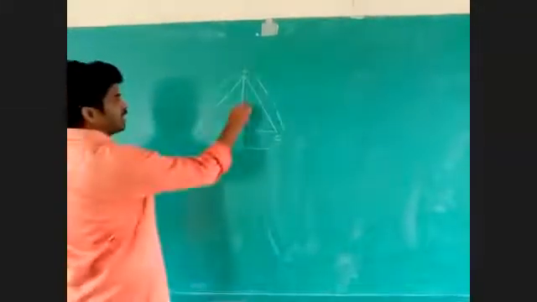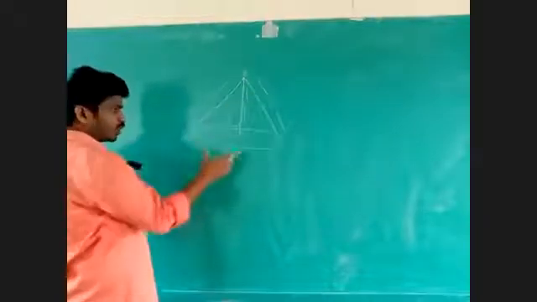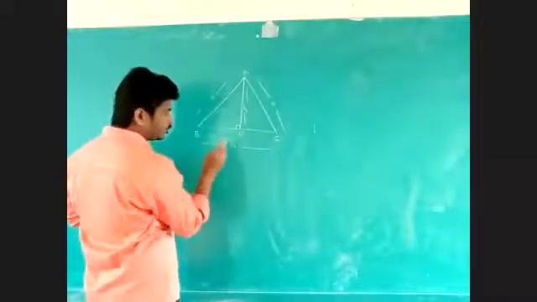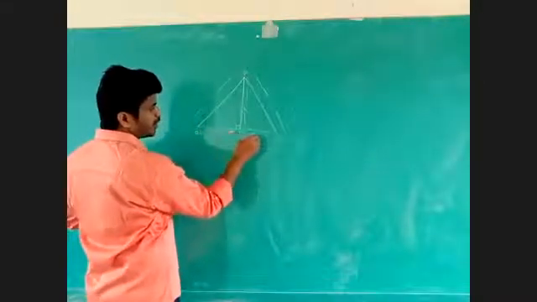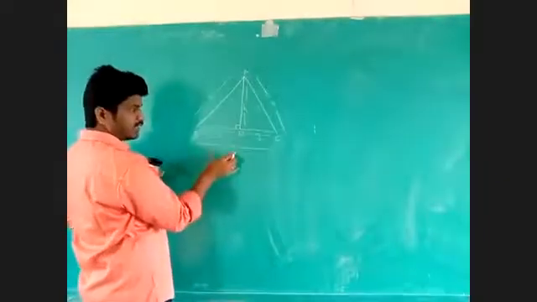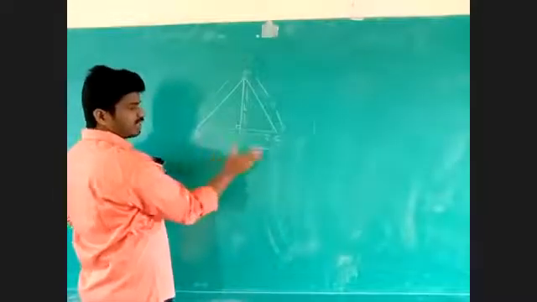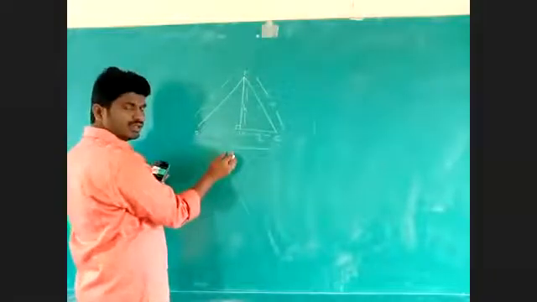Altitude is nothing but the height of the triangle, H. Then the total BC is divided into two equal parts. B to D equals A by 2, and similarly D to C is also A by 2. A by 2 plus A by 2 is total A.